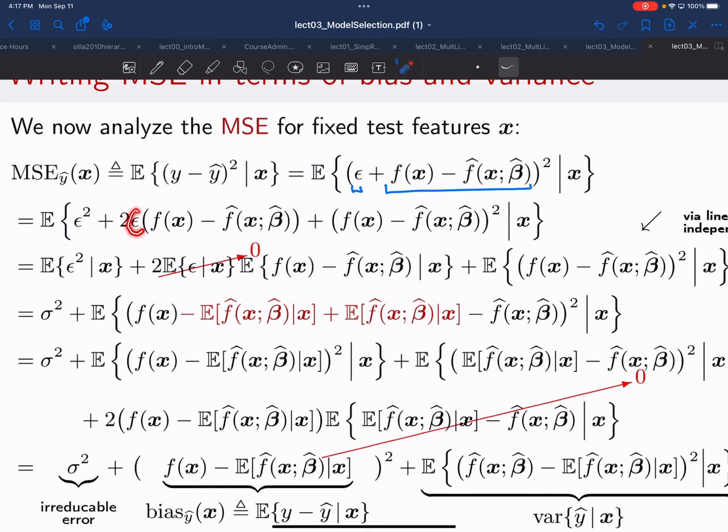We have this noise, and we have these parameters which were learned from the training data. So are these independent? Yes. They are independent because this is a test quantity, this is a training quantity, and what happens at test and training are statistically independent.